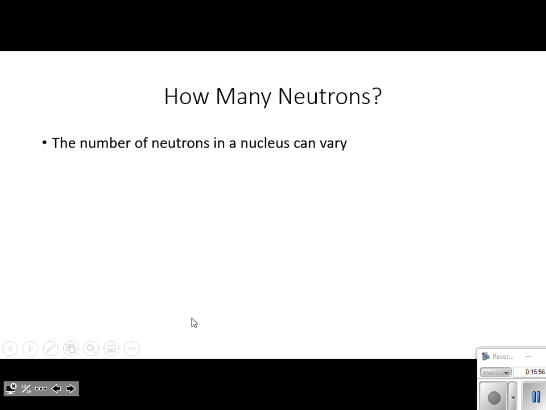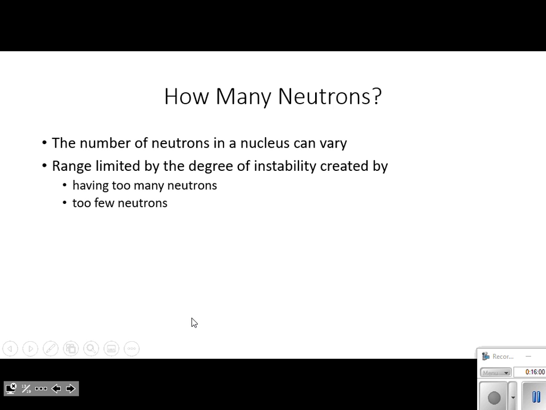So the number of neutrons in a nucleus can vary. The relative degree of instability is created by having too much or too few. When the element is unstable, it's because there are either too many neutrons or too few neutrons.